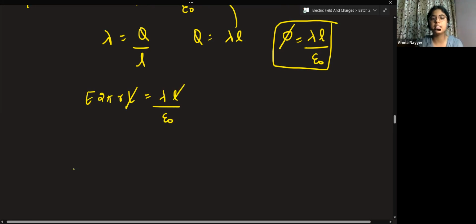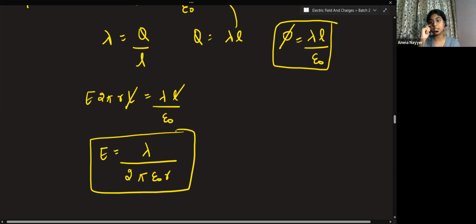Length will get cancelled. Electric field will be lambda divided by 2 pi epsilon naught R. This will be the value of electric field for a single wire if you have linear charge density.